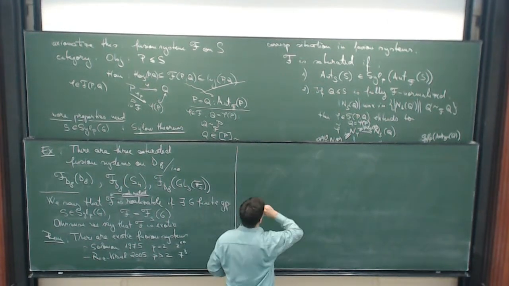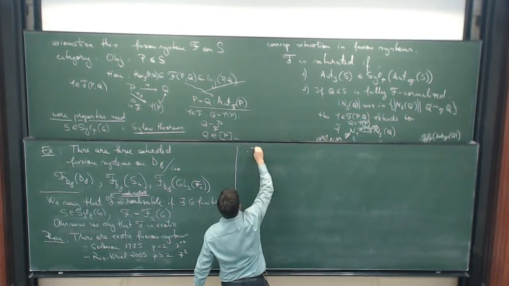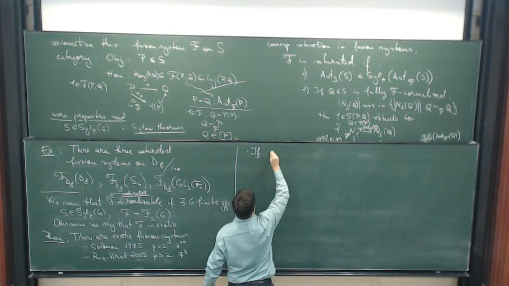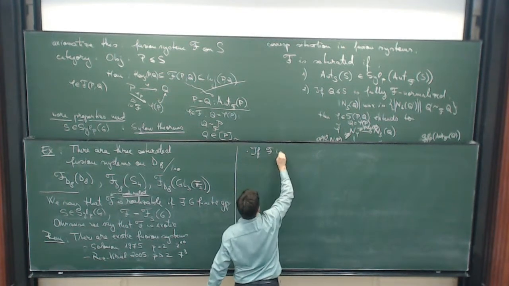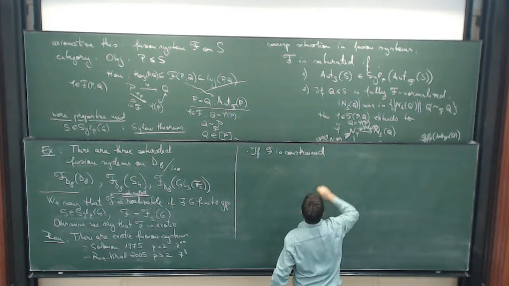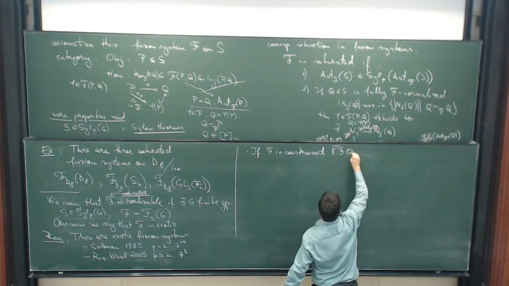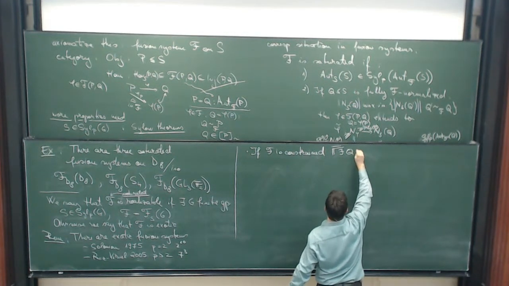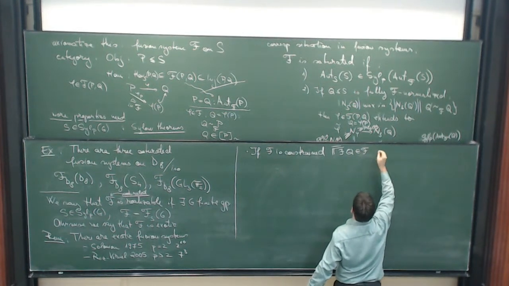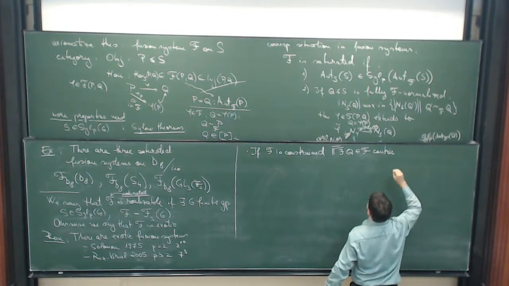The other thing that I wanted to say is that there is a way to be sure that your fusion system is realizable. So if F is constrained, meaning that there exists an F-centric subgroup.